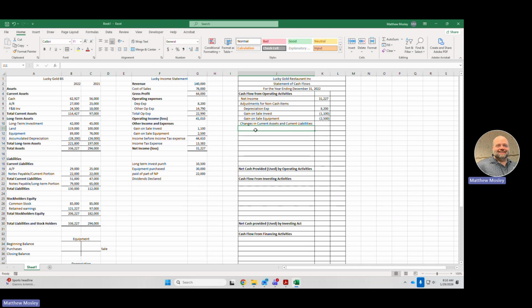And what I'm seeing here is an increase in accounts receivable, and that increase looks to be about $4,000. Because it increased, we're going to subtract it, because an increase in accounts receivable means that we haven't gotten the money yet. But I need to do some basic math.